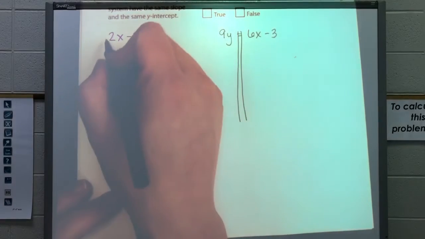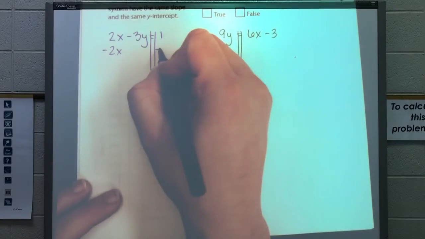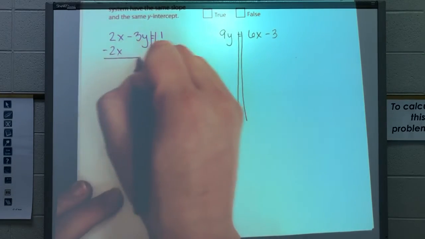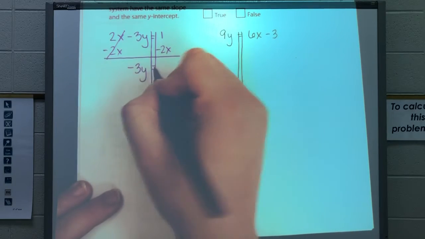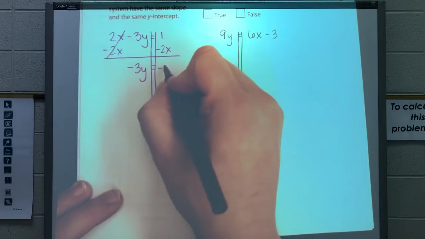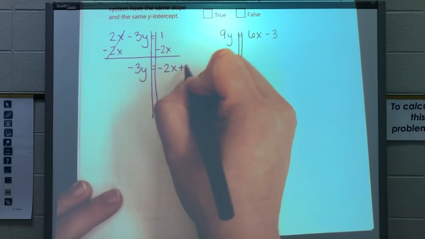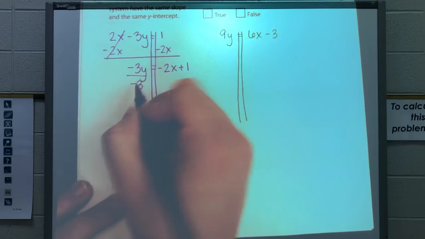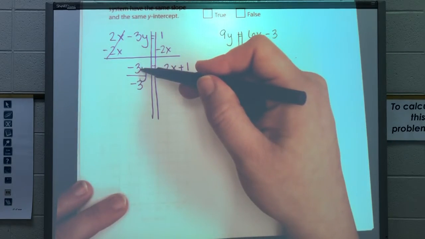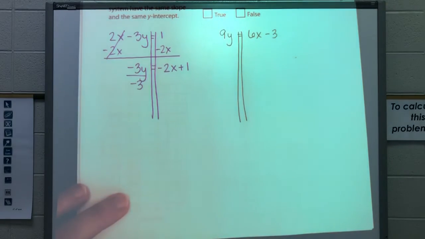First thing I have to do is subtract 2x from both sides. Cancels there. I'm left with a negative 3y equals, and we can't combine those together, so I'm just going to write that as negative 2x plus 1. And my last step is to divide by negative 3. I'm dividing here because that's connected with multiplication. The opposite of multiplication is division.